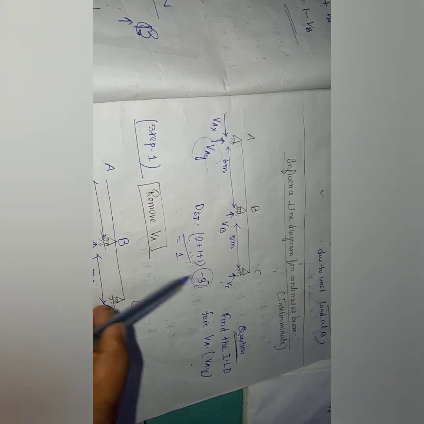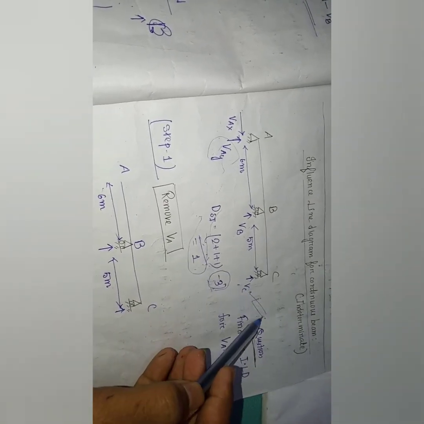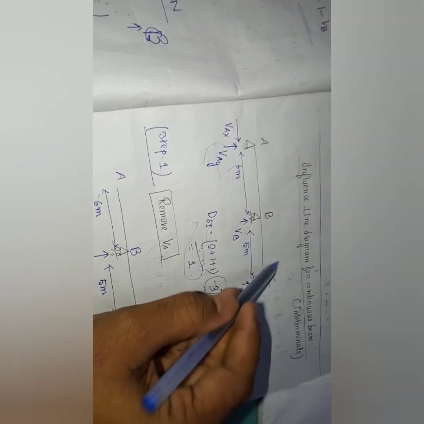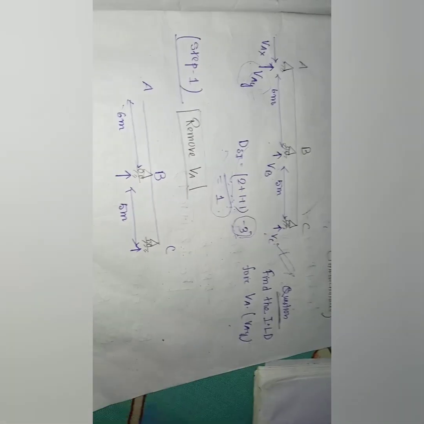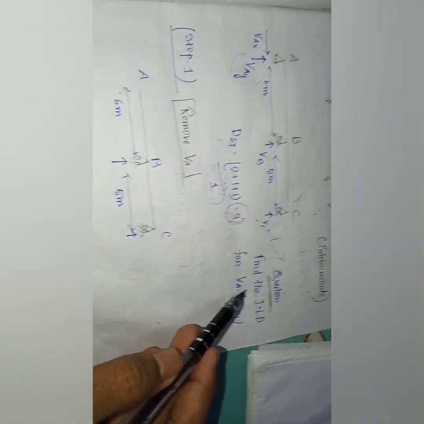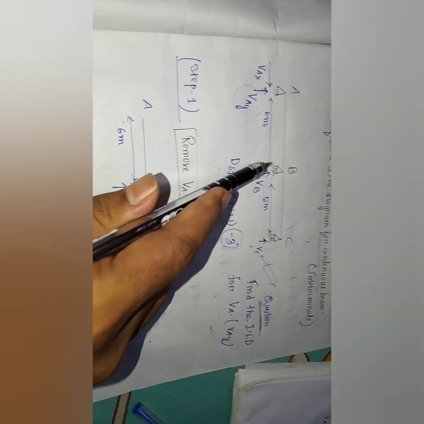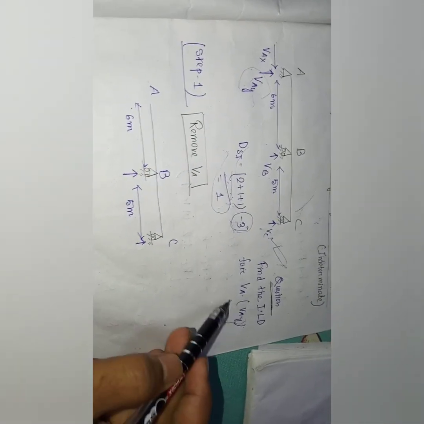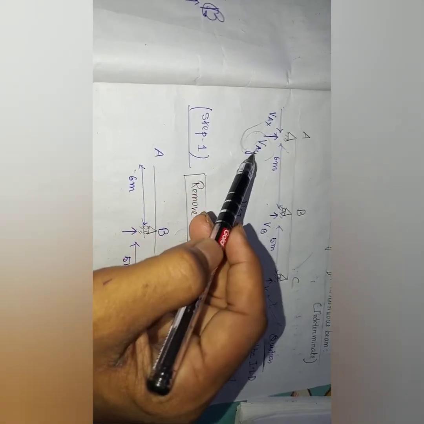So 4 minus 3 equals 1, DSI equals 1. That means it is an indeterminate structure, right? So for this continuous indeterminate structure we have to draw the ILD, and the question is to find the ILD for RA, that is RAY, because RAX equals 0. So we have to find the ILD for RA, that is the support reaction of A, right?